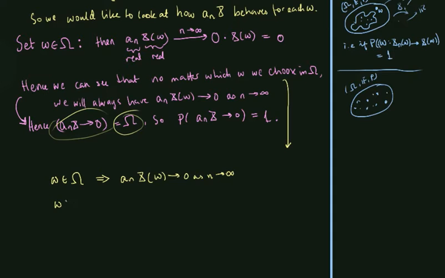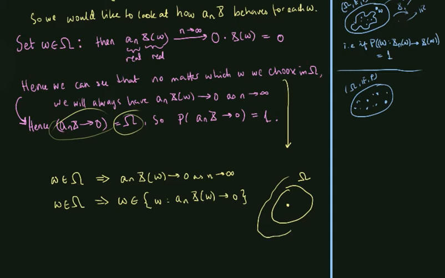What this actually means is if omega lies inside this set, then omega also lies inside the set for which a_n multiplied by X of omega goes towards 0, right? So that actually means that as long as you choose something inside this set, then it will also lie inside this set where a_n multiplied by X of omega goes towards 0.